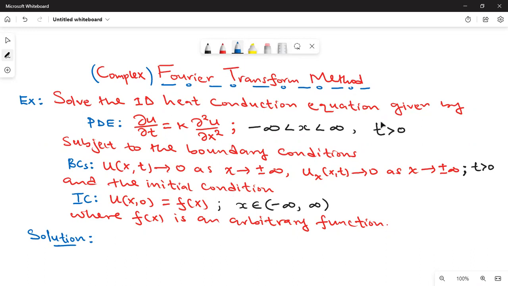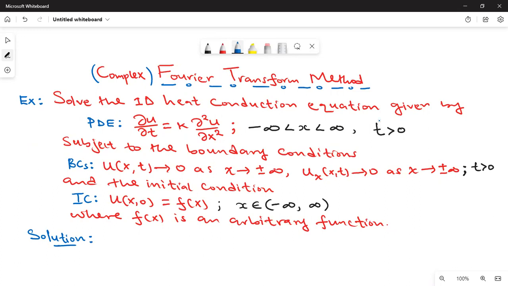Today we are going to look at the method of Fourier transform as used in solving partial differential equations of the second order. In particular, we are asked to solve the one-dimensional heat conduction equation given by partial u with respect to t equals k times the second partial derivative of u with respect to x twice.